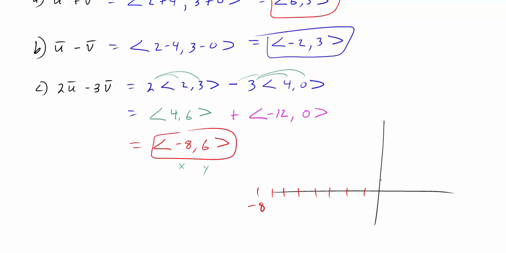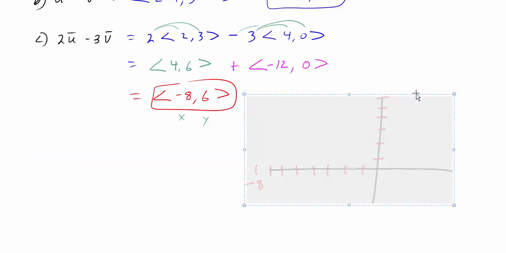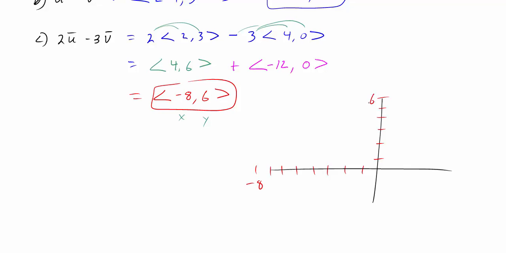And then we would go up 6, 1, 2, 3, 4, 5, 6. We would go negative 8 and then up 6. So this here would be our vector. Again, the negative 8, 6, that's the terminal point, because we know the initial point is starting at the origin.